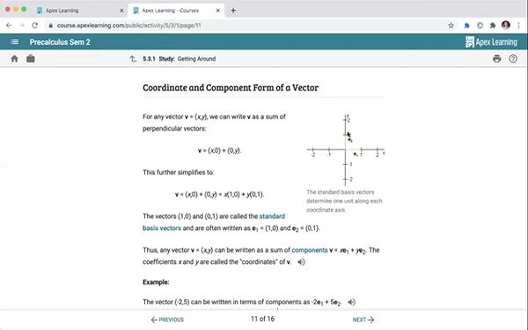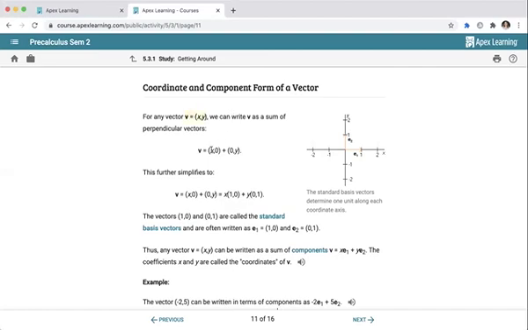And for this example here, we could have it simplified further, right? We could pull out an x coordinate and a y coordinate from both of these vectors, right? So if we pull an x out of x, we get a 1, and if we pull an x out of 0, we still get 0. Same thing here. So we can simplify our vector, right?